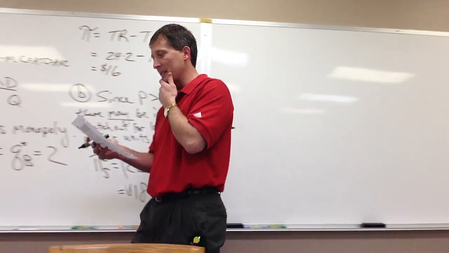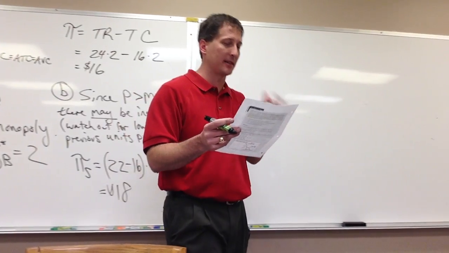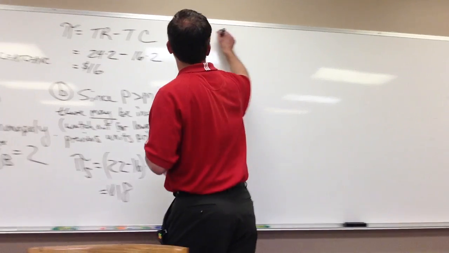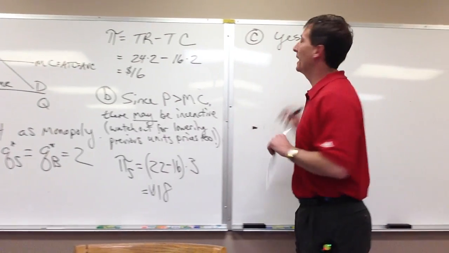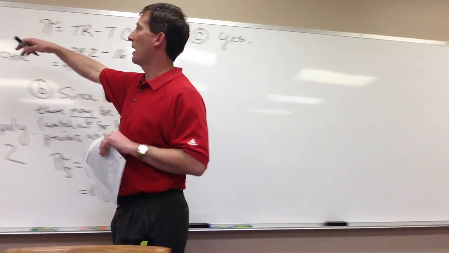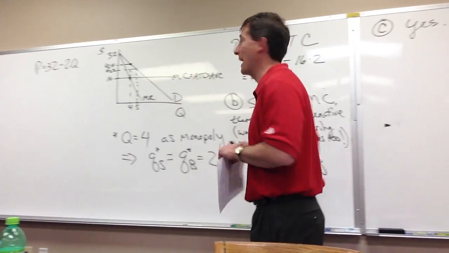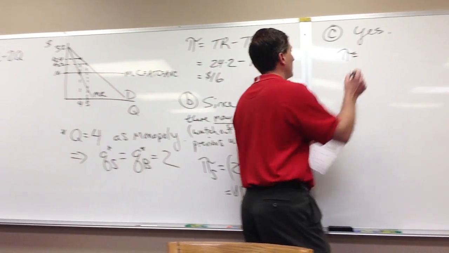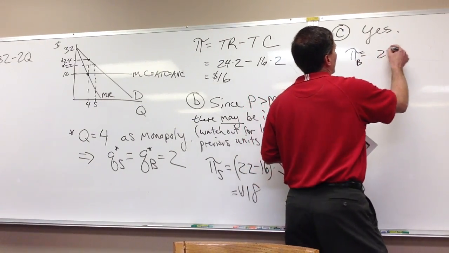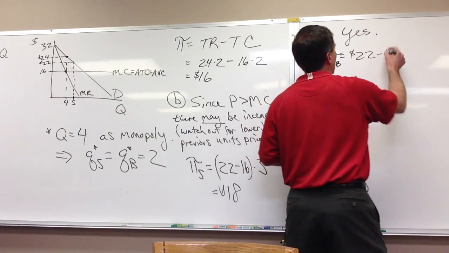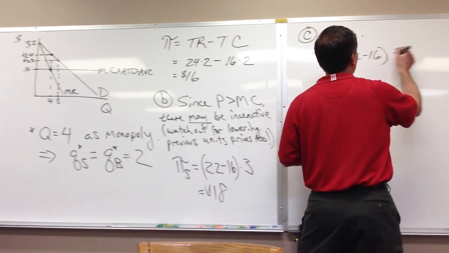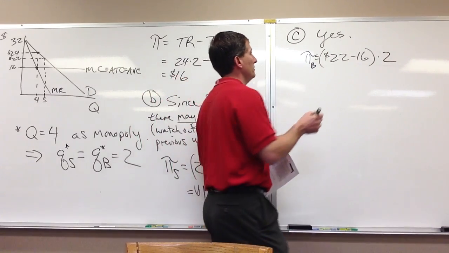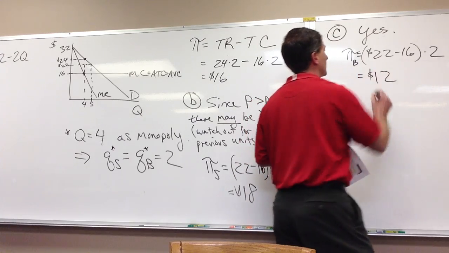Part C: does Squeaky Clean's decision to cheat affect Biobase's profit? Yes, definitely, because the price of the chlorine is coming down to 22. Now if we calculate the profit for Biobase, they're only getting 22. They haven't cheated yet, so they're still producing 2, and they're only making $12.